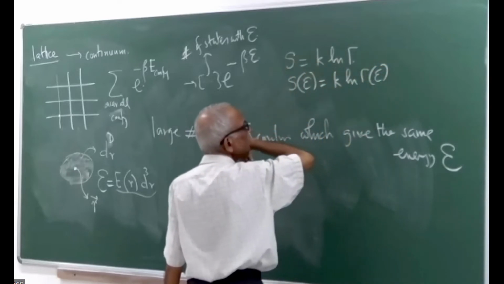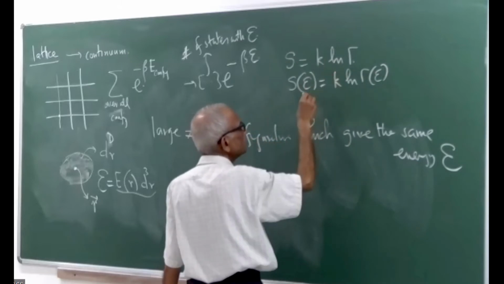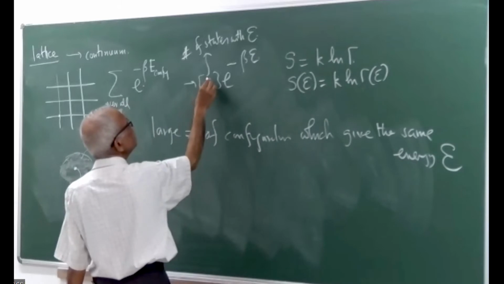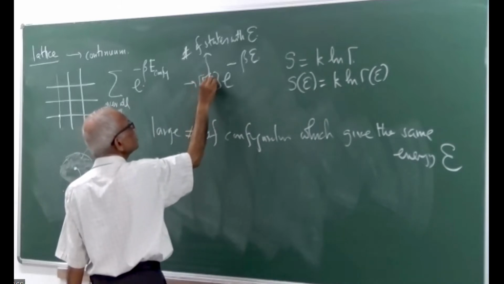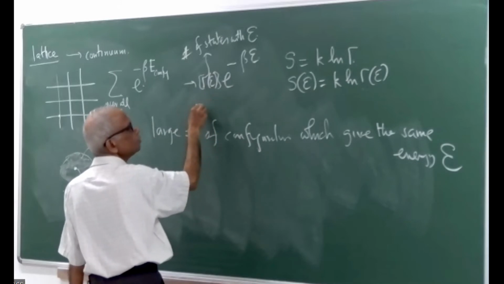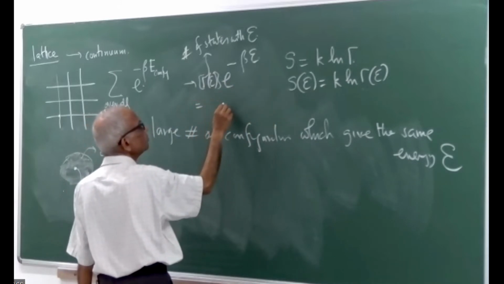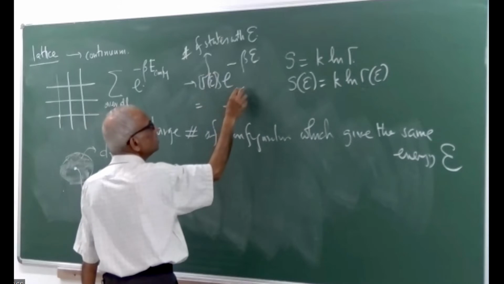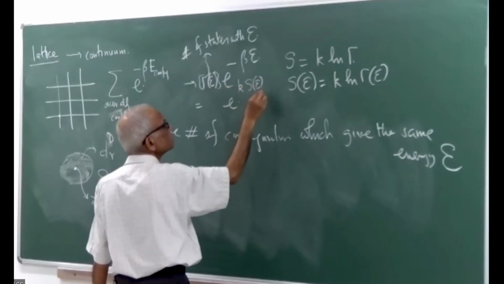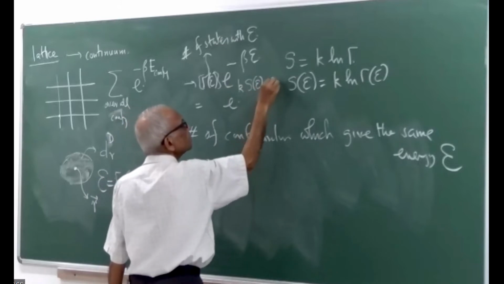So gamma, which is what I need to put in over here, the number of states, is equal to e to the power S by k.